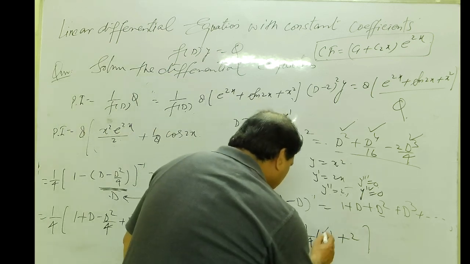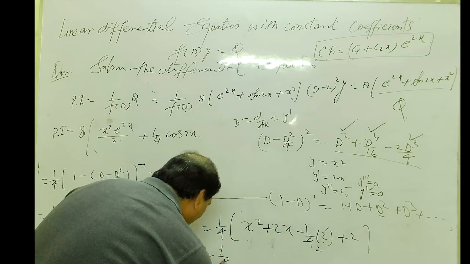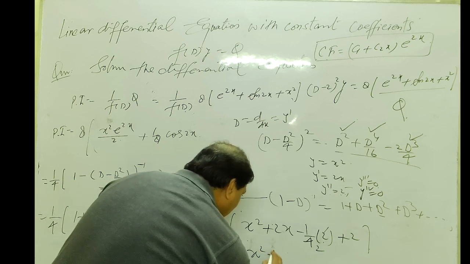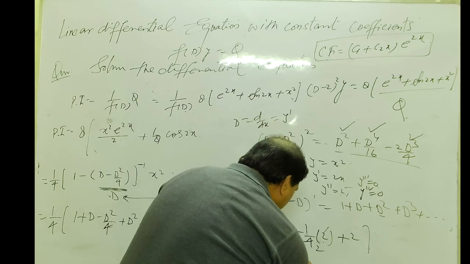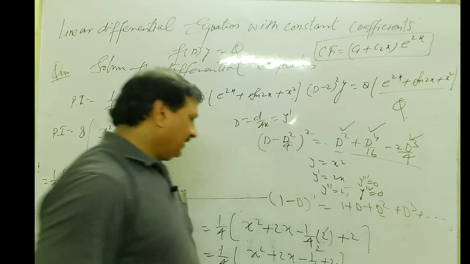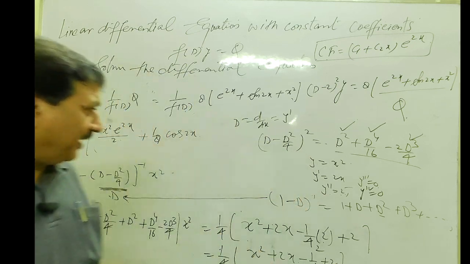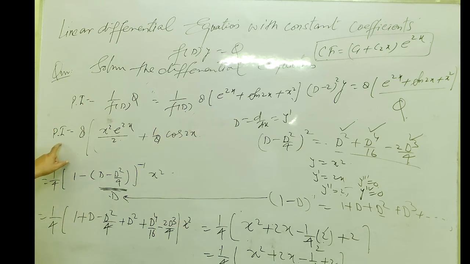Here 1 by 2 is cancelled. That means this is 1 by 4 x square plus 2x, and this simple value is 1 by 2 minus and plus 2. Okay, this is the particular integral PI with respect to x square. That means this is the complete solution, what is the value here.